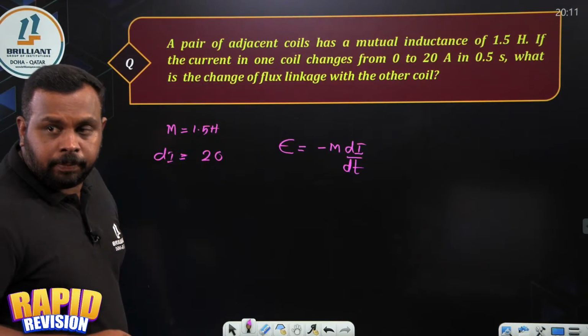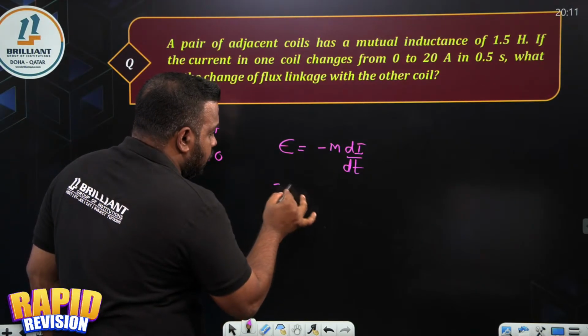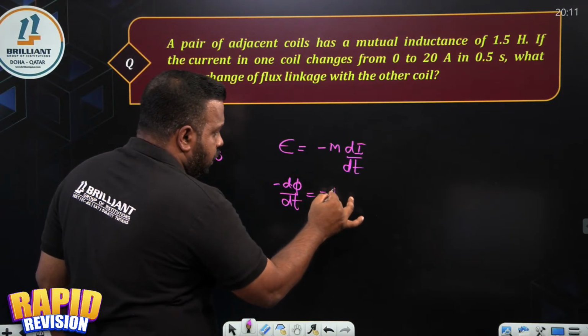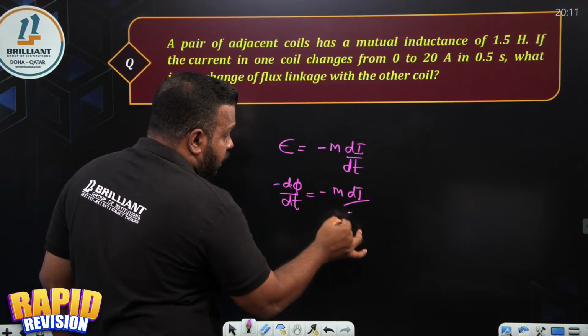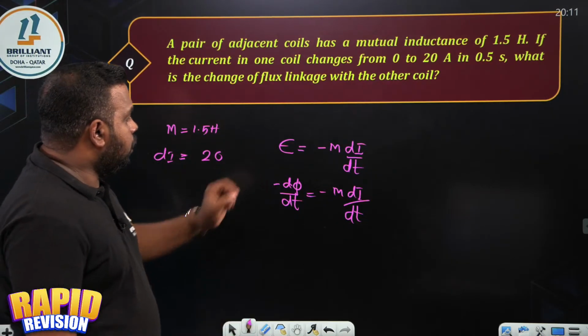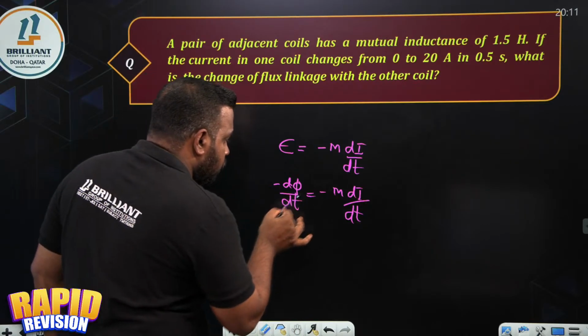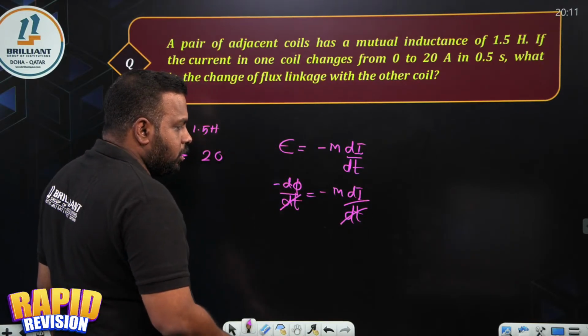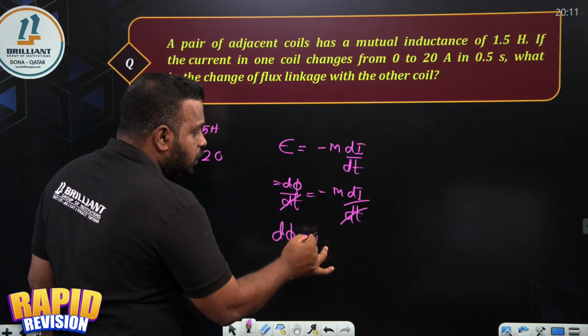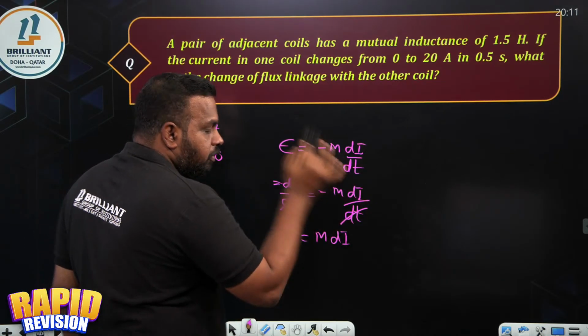We know that E is minus d phi by dt, equal to minus M into di by dt. Why are we writing like this? Because they are asking to find the change in flux. So dt will be cancelled. Minus minus, leave it. So look at the result. D phi is equal to M into di. You can easily find the answer.